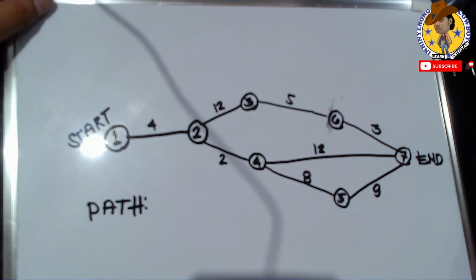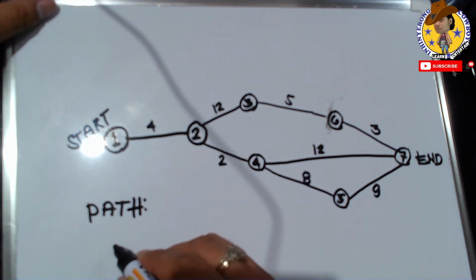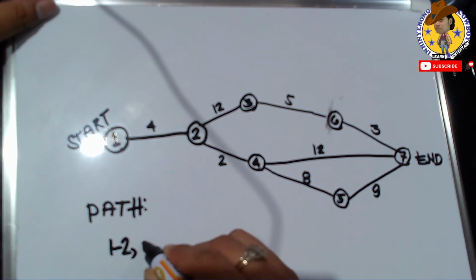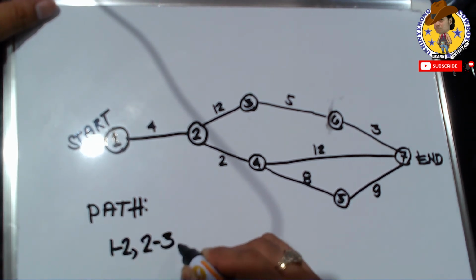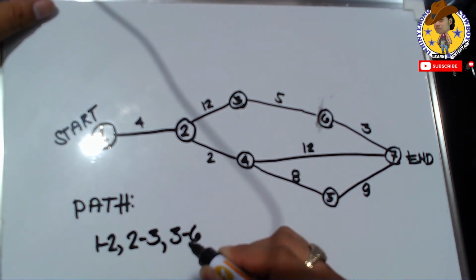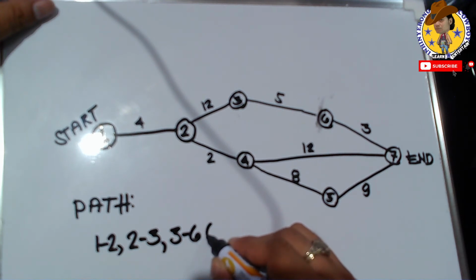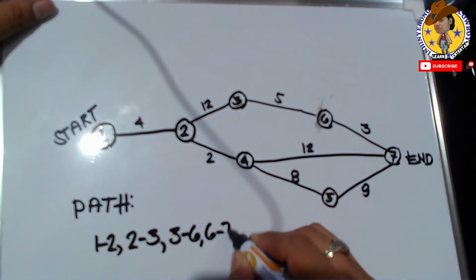Okay, so we have path 1 to 2, path 2 to 3, path 3 to 6, and path 6 to 7.